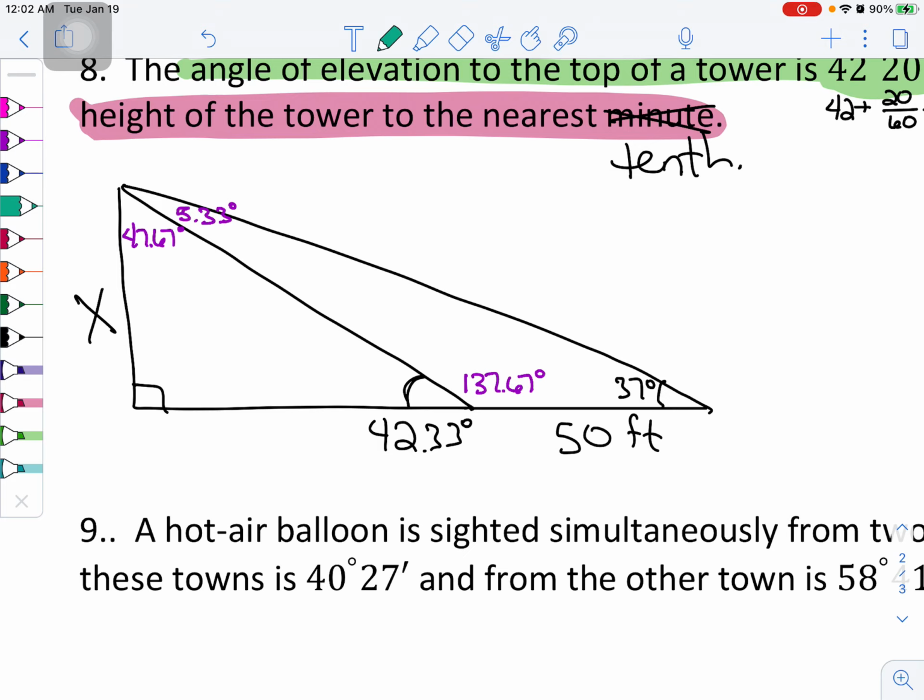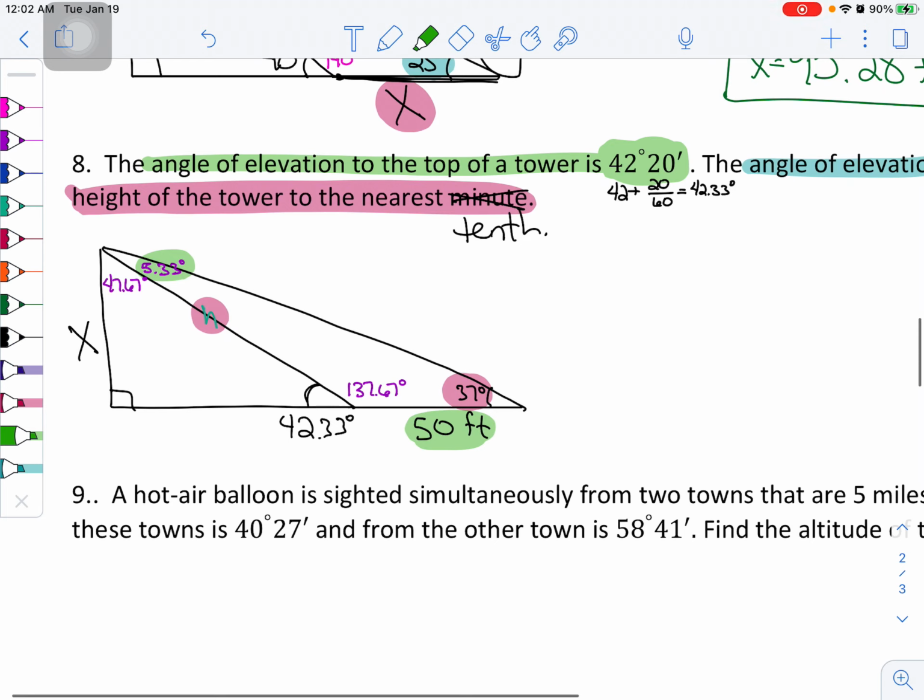And let's see. I'm going to do what I've been doing. We're going to find the hypotenuse here. So let's see. This h here is opposite 37 degrees. And then 50 feet down here is opposite to this 5.33 degrees. So law of sines, here I come.